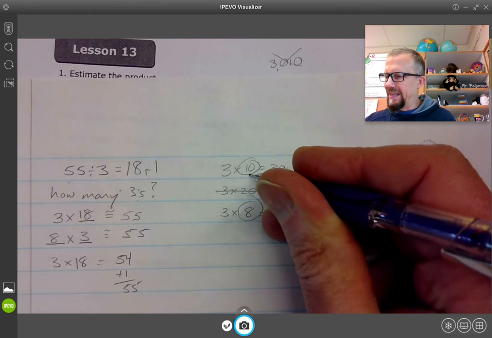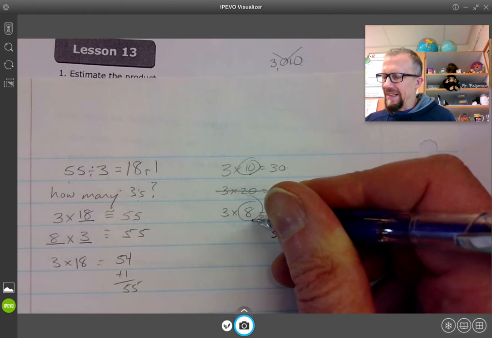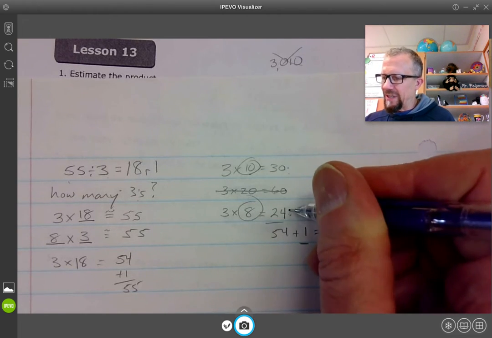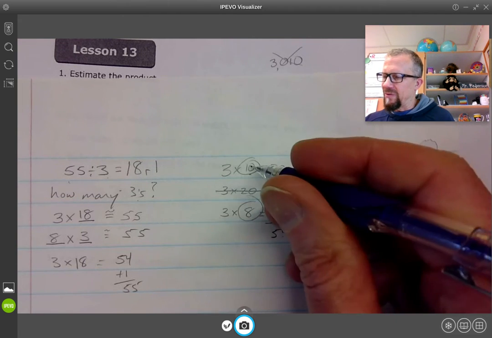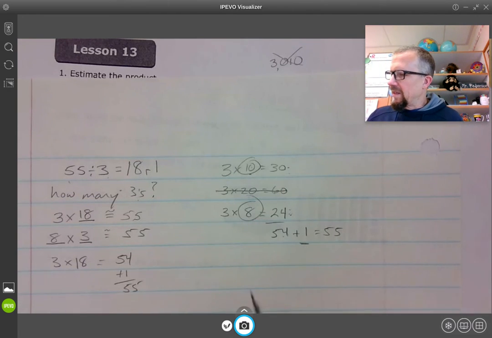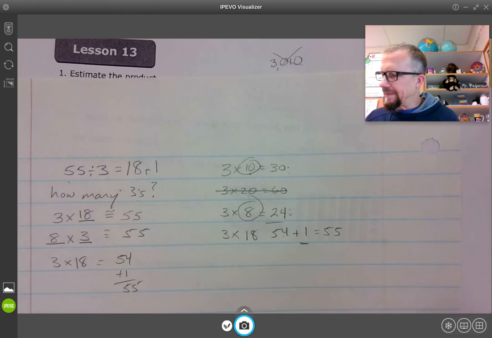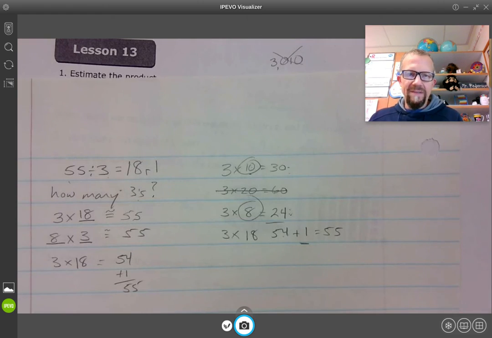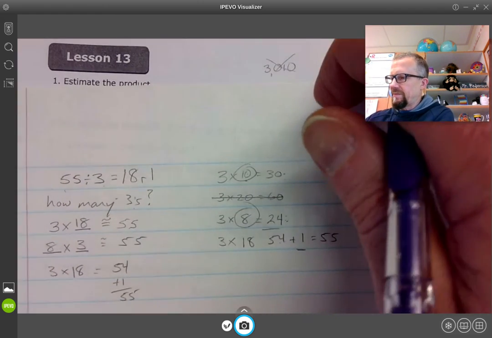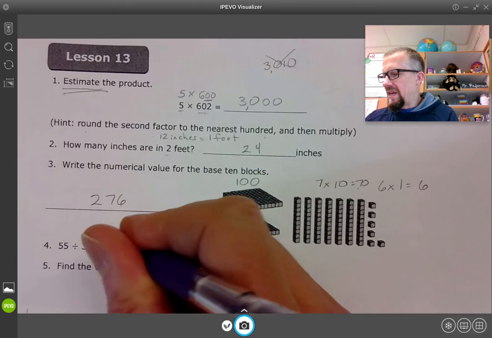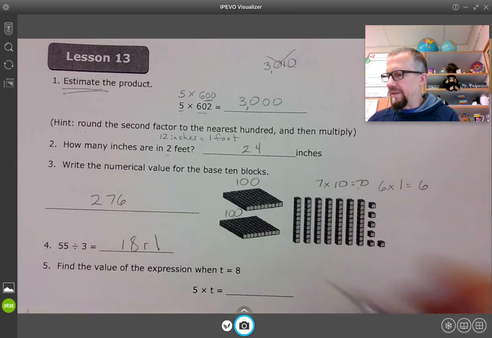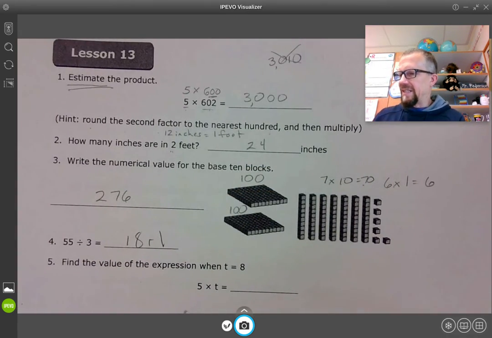In this case, I tried 10, got me to 30. I tried 8, that was only 24, but if I put those two together, I came really close, and that's why I put the 10 and 8 together. So that I have 3 times 18 makes 54, and then I only have to add one more to get to 55. So 18, remainder 1.